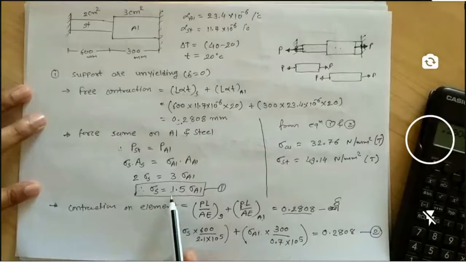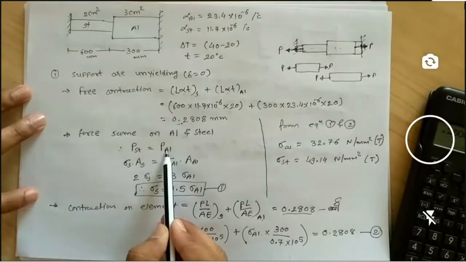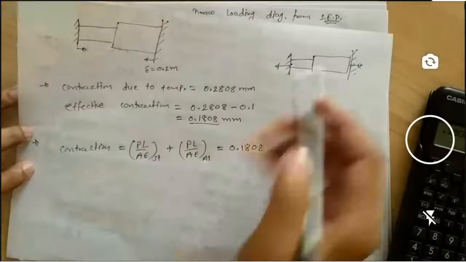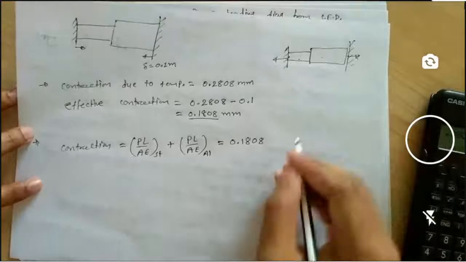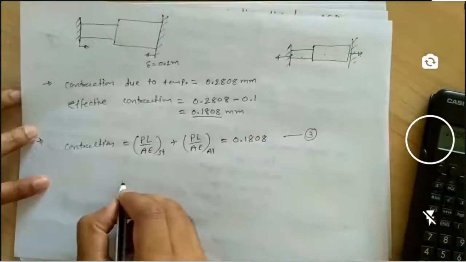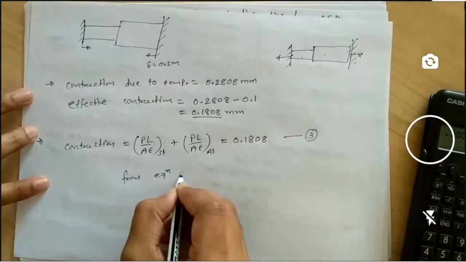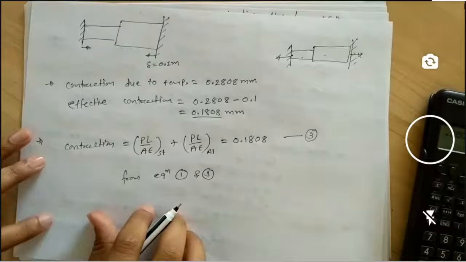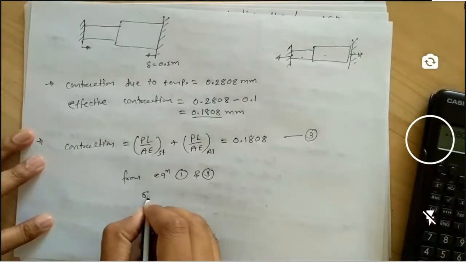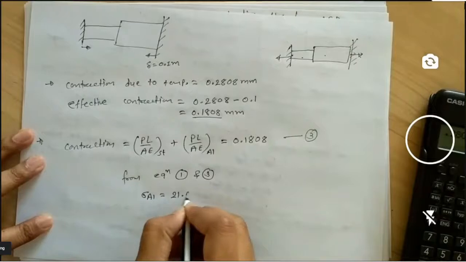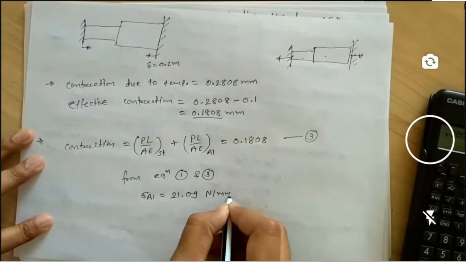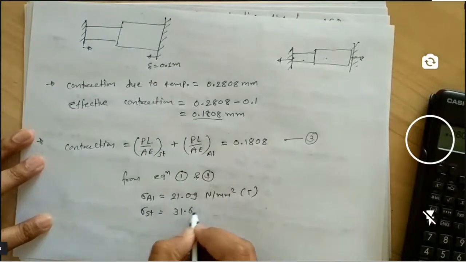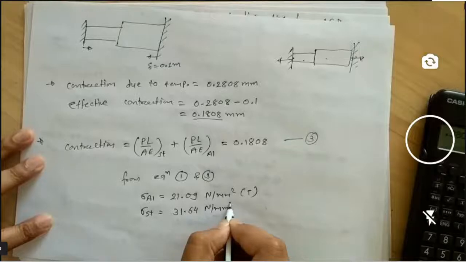All these equations are already there, because the force in both elements in the second case is also the same. Whatever the force is here, the force in this element is also the same. So this is our equation number 3. Now from equation number 1 and 3, we get the stress in the aluminum section as 21.09 Newton per mm square tensile, and the stress in steel as 31.64 Newton per mm square tensile.